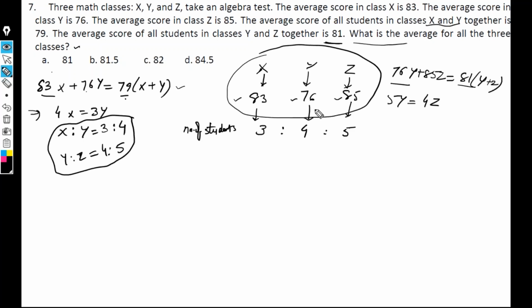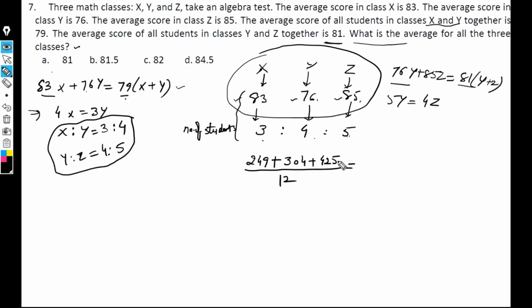Is it clear, everyone? Any doubt in this? Do let me know. So now we just have to calculate the average. So apply the weighted average here. 83 into 3 is 249. 76 into 4 is 304. 85 into 5 is 425, divided by 3 plus 4 plus 5, which is 12.